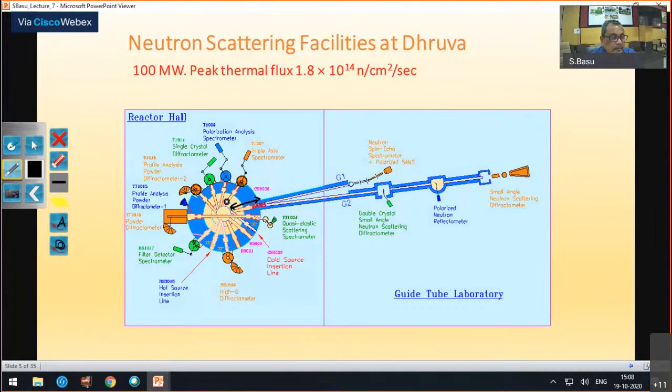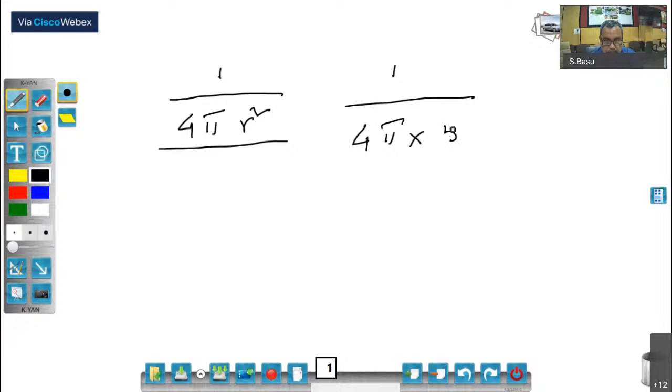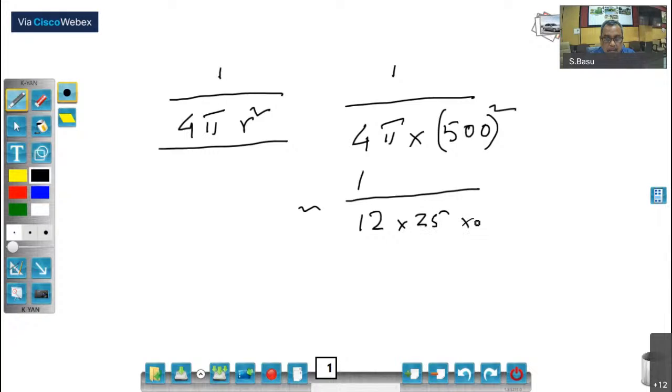So in this 5 meter distance, if I may take centimeters, it falls by a factor of approximately 10 to the power minus 5 to minus 6.